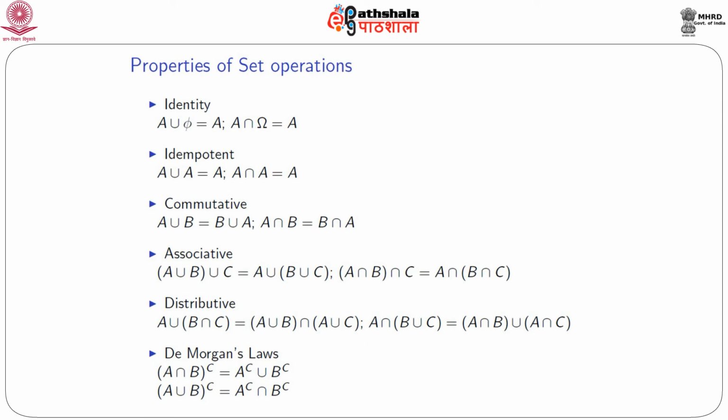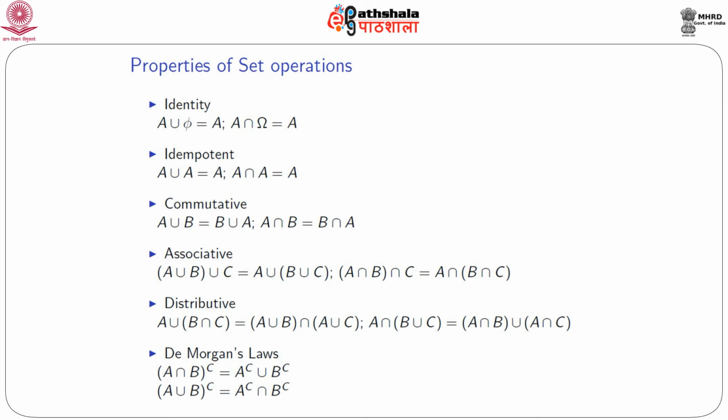The next property and next important law that will be used in subsequent lectures is called De Morgan's law. It says that if you have two sets A and B, then (A intersection B) complement is the same as A complement union B complement, and (A union B) complement is A complement intersection B complement.